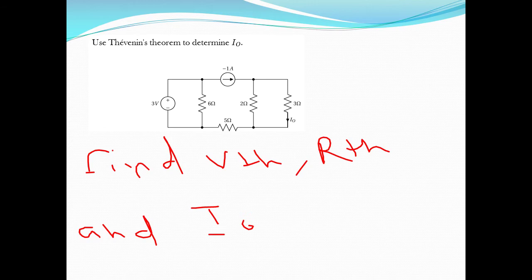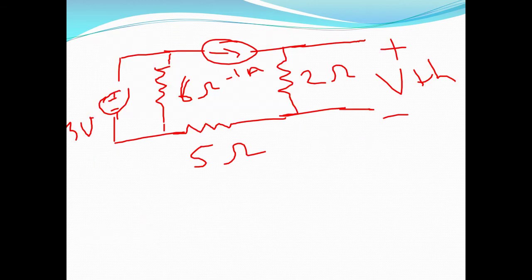To calculate the value of VTH, we draw a simple circuit which consists of a 3 volt voltage source, a current source of -1 ampere, and 3 branches of 6, 5 and 2 ohm. First we remove the load resistance of 3 ohm from the circuit and we find VTH across the terminals of the load.